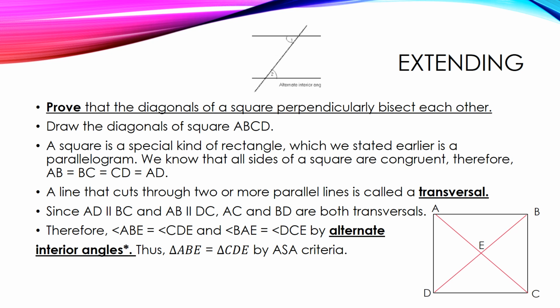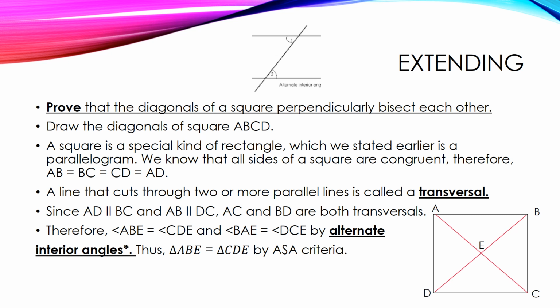We also said that a square has all congruent sides, so therefore AB equals BC, which equals CD, which equals AD. And a line that cuts through 2 or more parallel lines is called a transversal. So AC is a transversal of both the parallel lines AD and BC, as well as AB and CD. Similarly, BD is also a transversal of both sets of parallel lines.